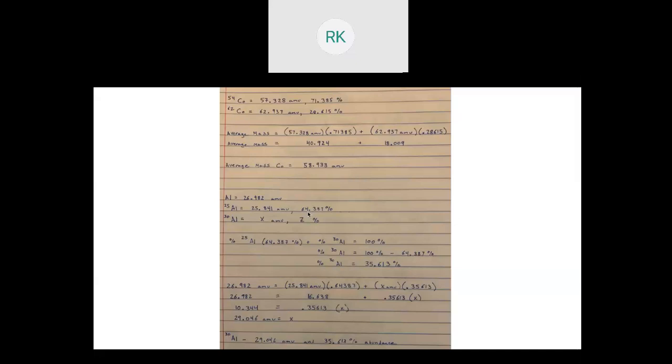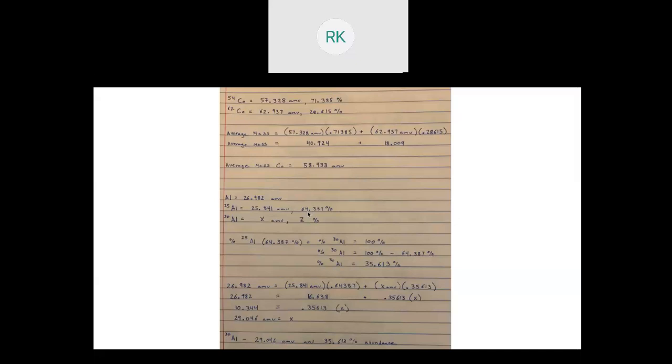Remember that all of our isotopes and their percent abundances have to add up to 100%. So we have an unknown percent abundance of aluminum 30, but we know that aluminum 25 has an abundance of 64% or so. And we are told that these are the only two isotopes, which means that the percent abundance of aluminum 30, which I label as Z%, plus the 64% abundance of aluminum 25 has to add up to 100%.